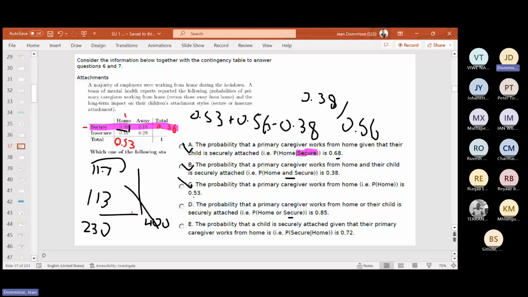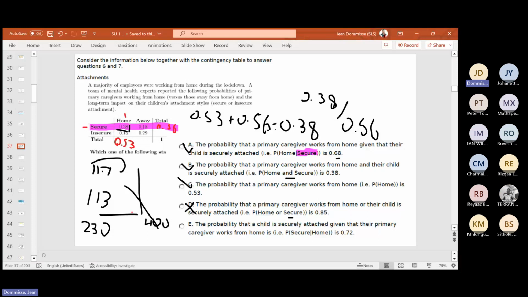So that is the one that is wrong. What did I get? 0.85. So if you said maybe that plus that minus 0.18, you could have gotten, yeah, I don't know how they got to a 0.85.